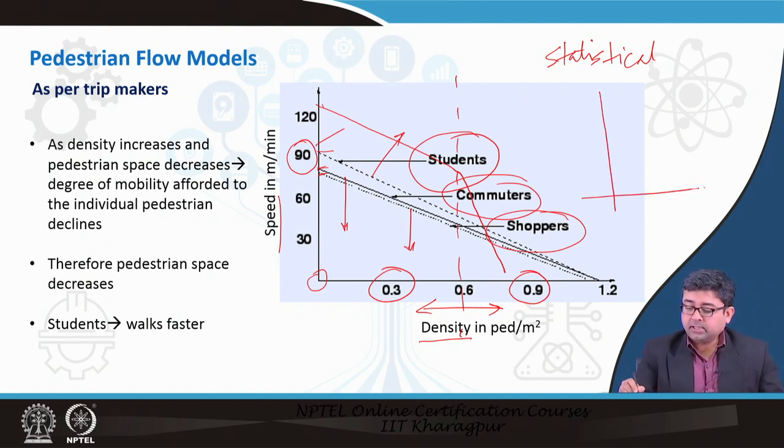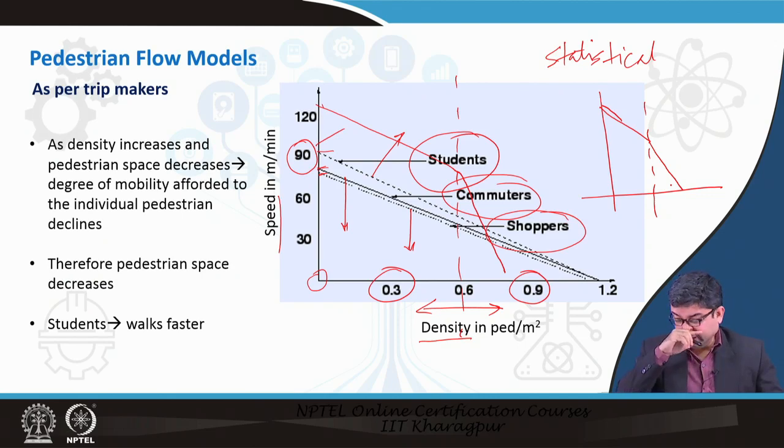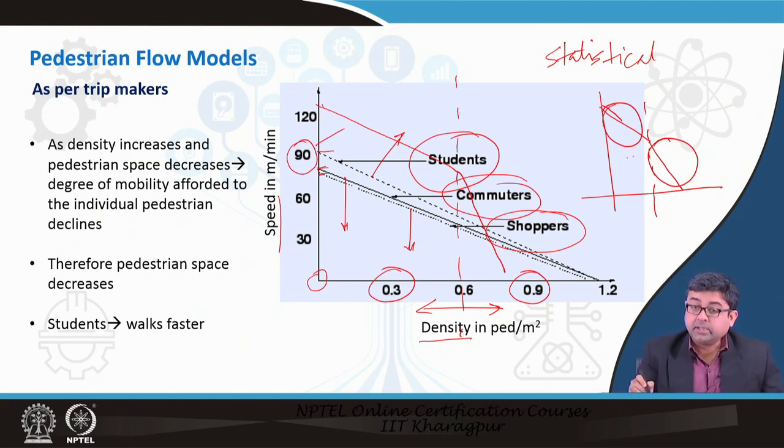If I draw the same thing here, in a two regime model the slope up to a certain density is this, whereas beyond that density the slope changes. Then you can make a distinction that these two both represent the students only, but beyond a certain density they have different behavior. The student population that are walking have different behaviors. So, these are usually called two regime models.